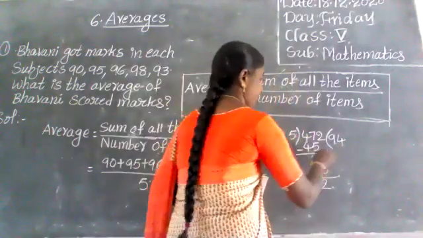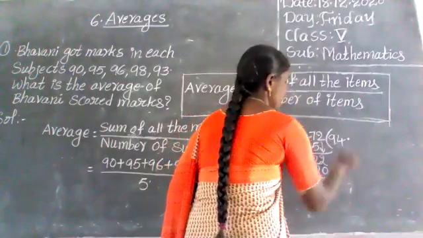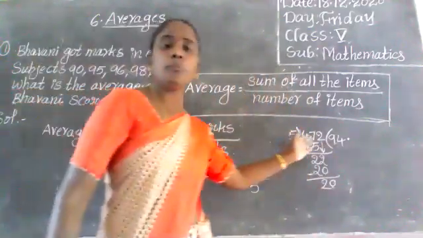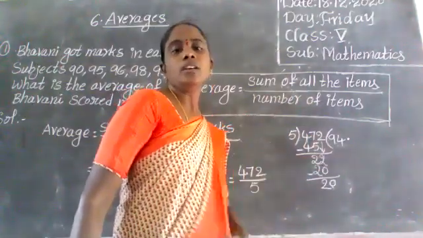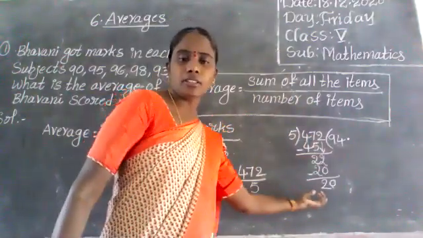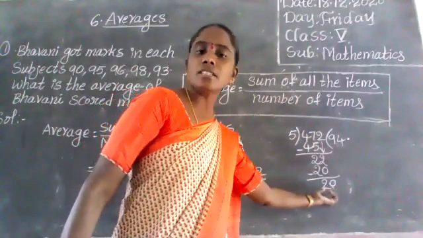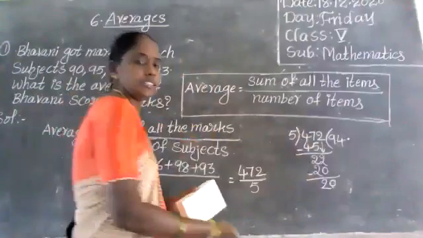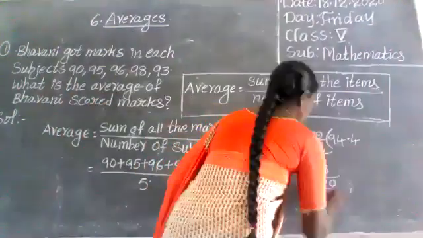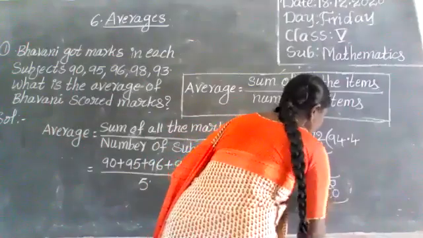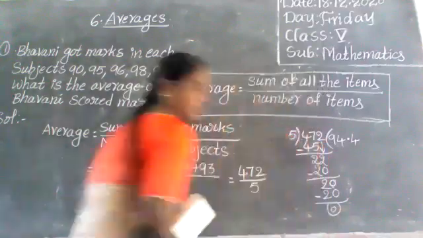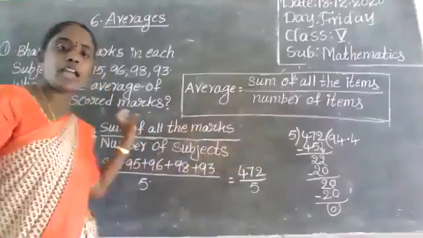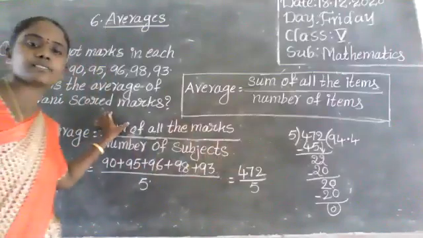Next, point. When we keep a decimal point in the quotient, we have to write 0 on the dividend side, 20. Now 5 fours are 20. 20 minus 20, 0. What is the average of Bhavani's scored marks?